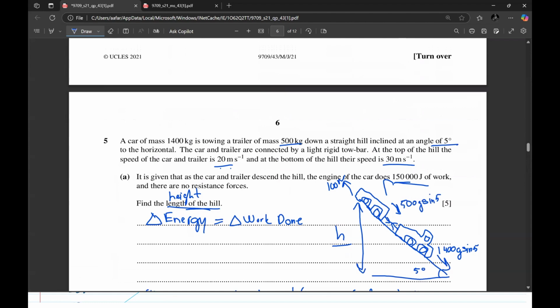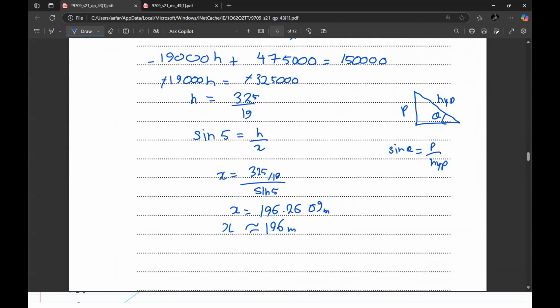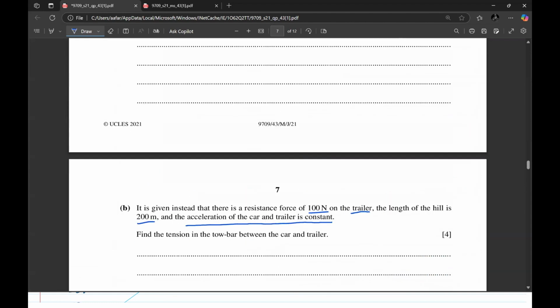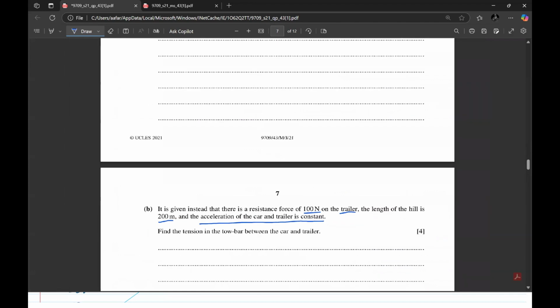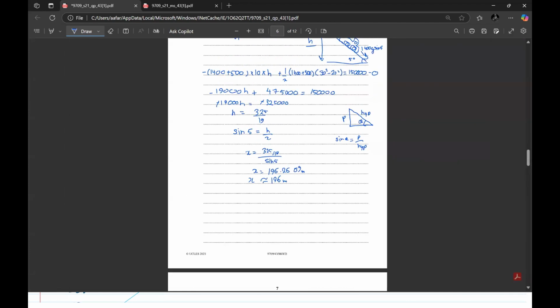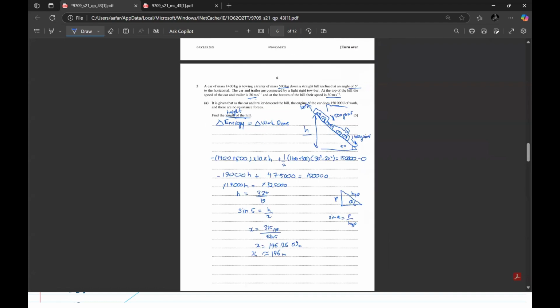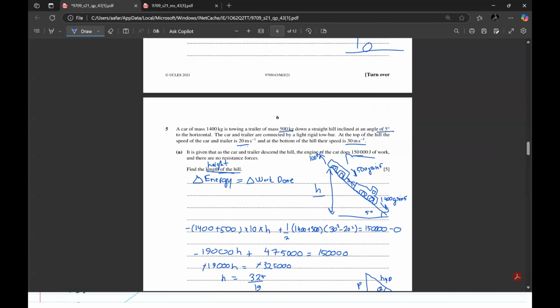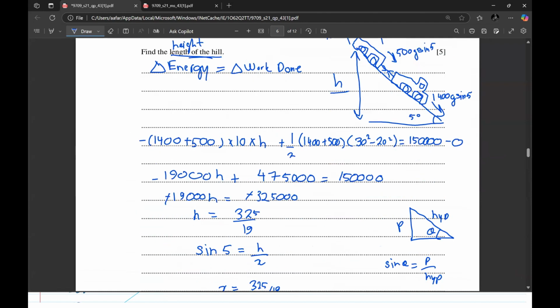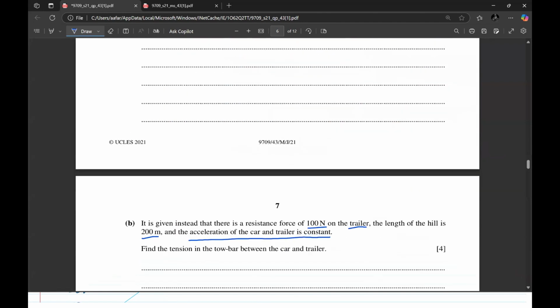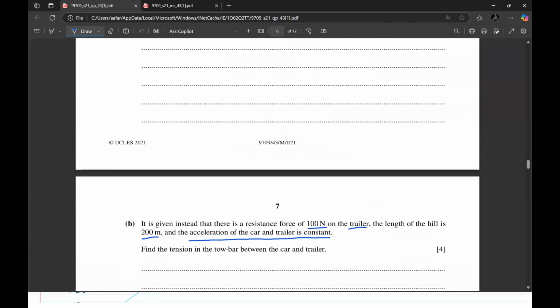The work done by the engine was in part A, so it does not mention any driving force in this part. Tension always faces each other since that's pulling. So if we take the tension in the whole system, they both will cancel out.